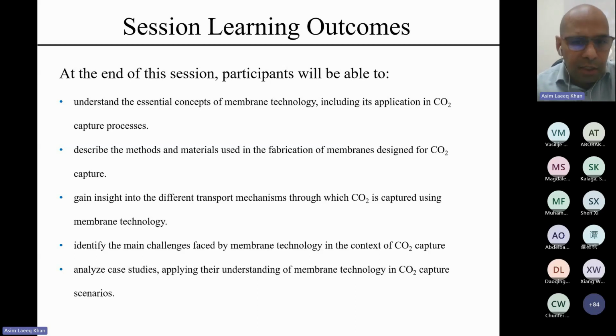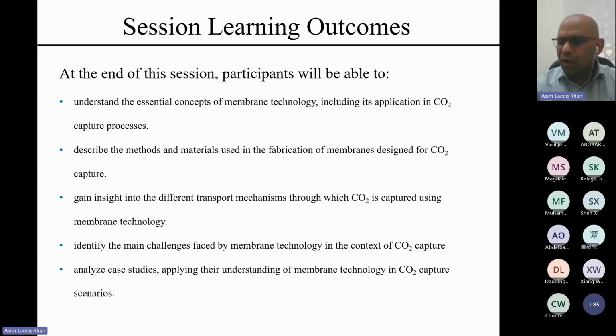They will gain insights into the transport mechanisms through which membranes made for carbon capture operate, and identify the recent challenges of membrane technology. Finally, through the case studies, they will be able to analyze and apply the fundamentals for different CO2 capture scenarios. In the next hour, I will try to cover these learning outcomes.